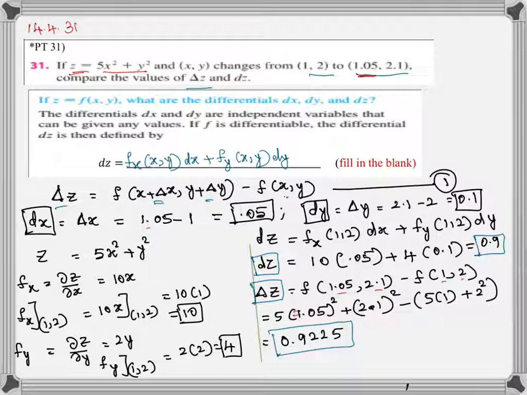So dz and delta z are almost equal. dz is 0.9 and delta z is 0.9225, so the difference is not as much. Hope this video helps.